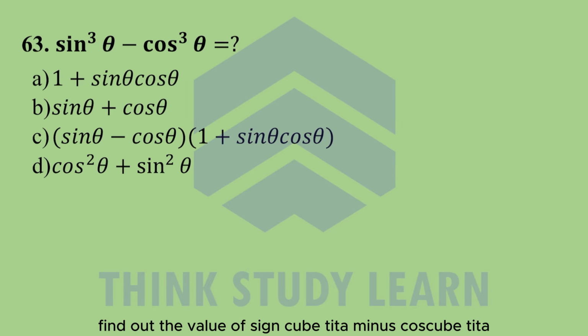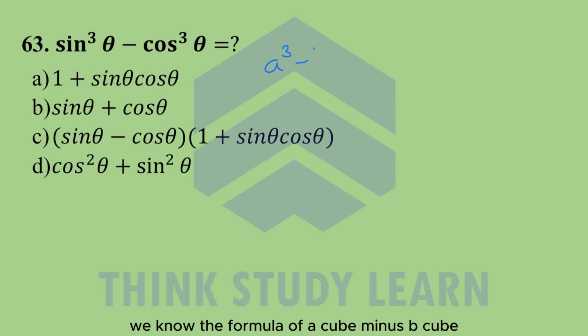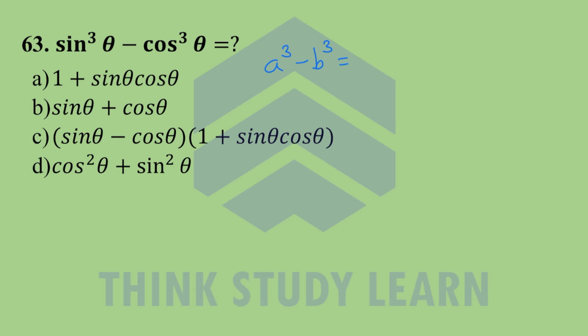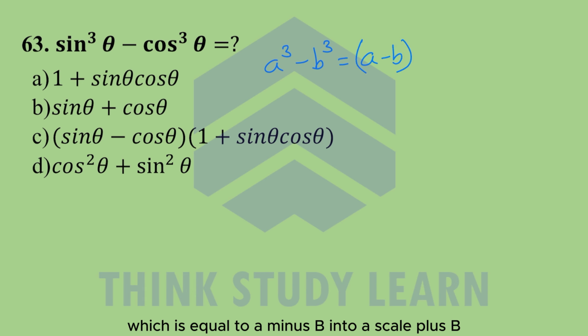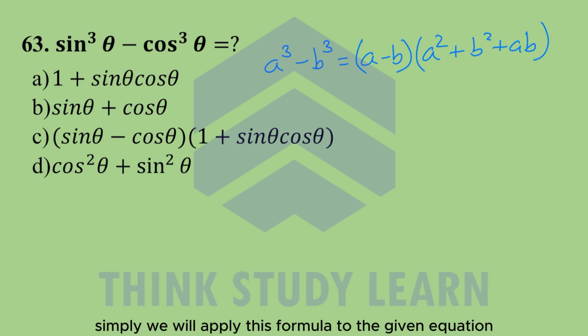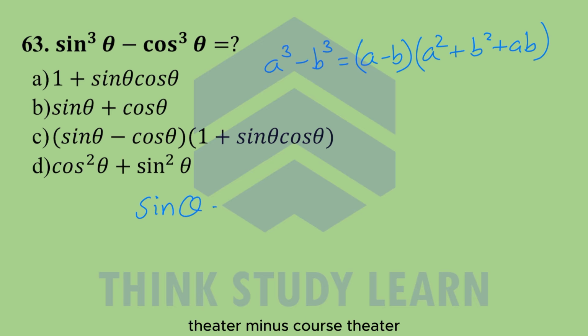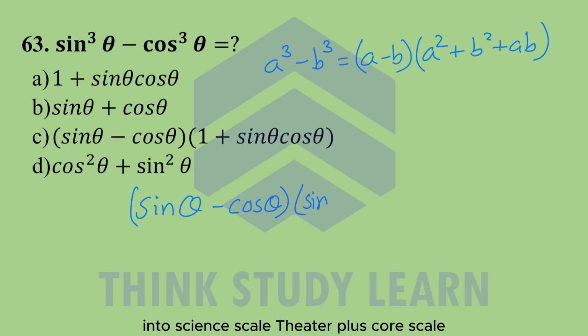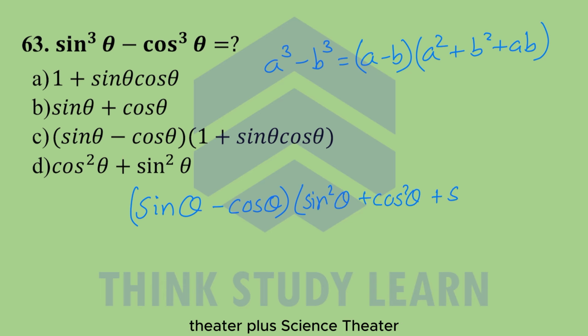Find out the value of sine cube theta minus cos cube theta. We know the formula of a cube minus b cube, which is equal to a minus b into a square plus b square plus ab. Simply we will apply this formula to the given equation. The equation will become sine theta minus cos theta into sine square theta plus cos square theta plus sine theta cos theta.